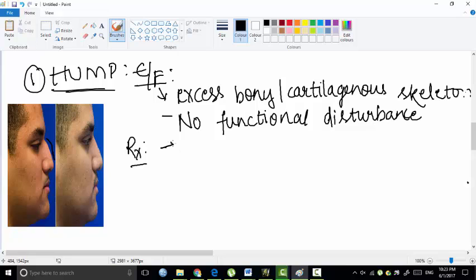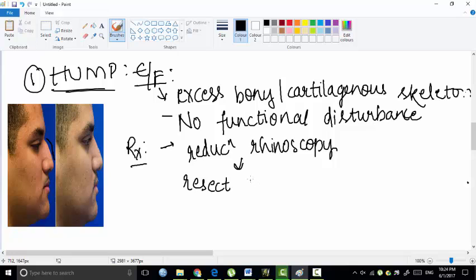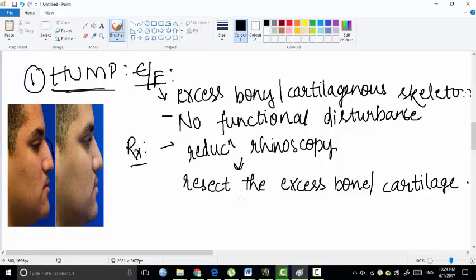So we generally do reduction rhinoplasty, that is removal of the part of the skeleton which is excess. So in reduction rhinoplasty we resect the excess bone, or if cartilage is seen that is resected, right, by osteotome or knife.